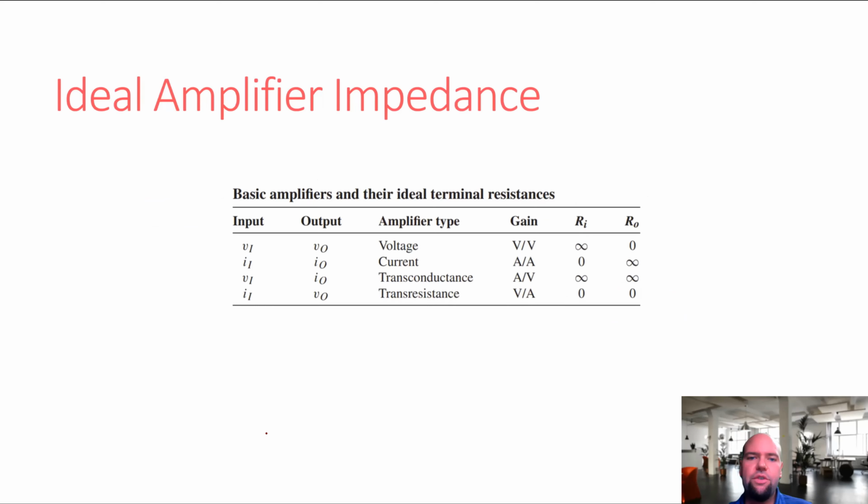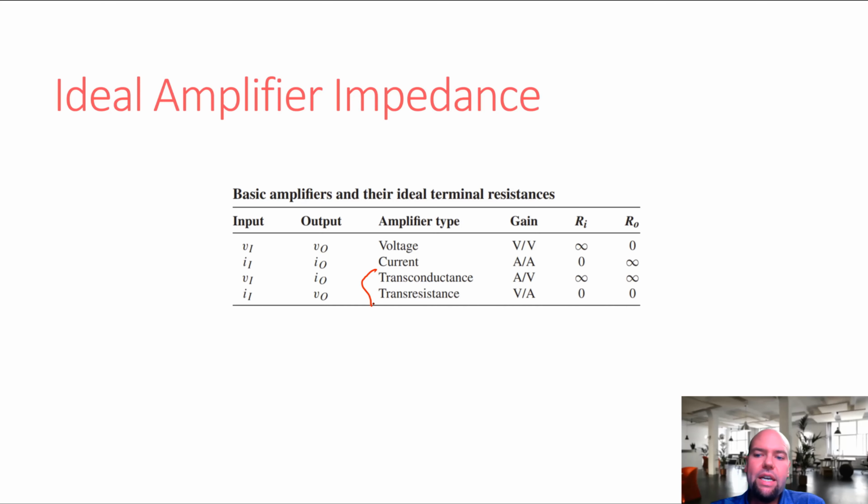Looking at the general case, we just covered the voltage amplifier and the current amplifier. Just jumping ahead a little bit, nearly all op amps that you buy nowadays are actually voltage amplifiers. So you might say, well, why do we care about the current amplifiers? Why do we care about transconductance and transresistance amplifiers?